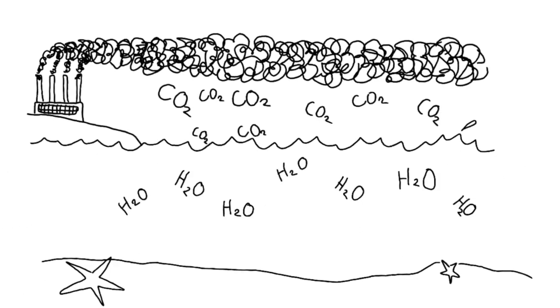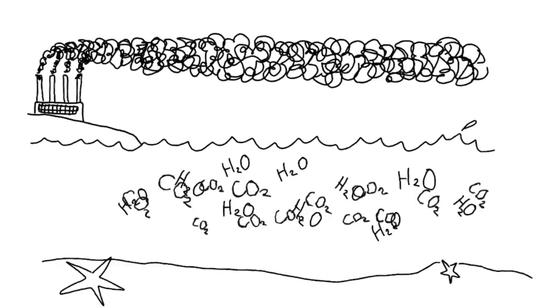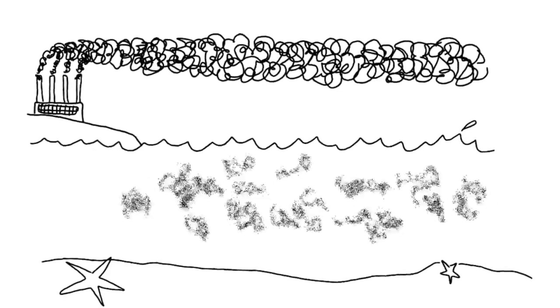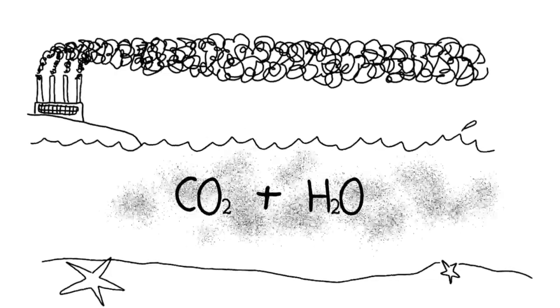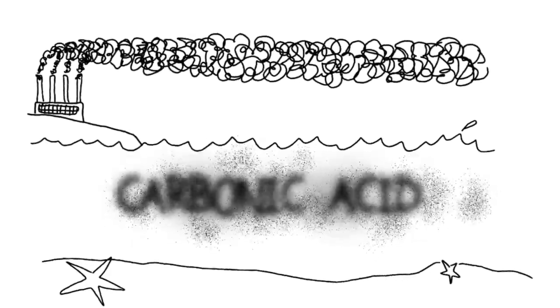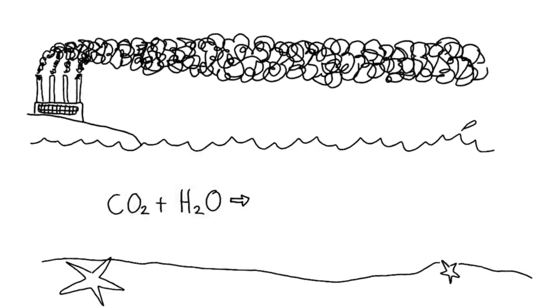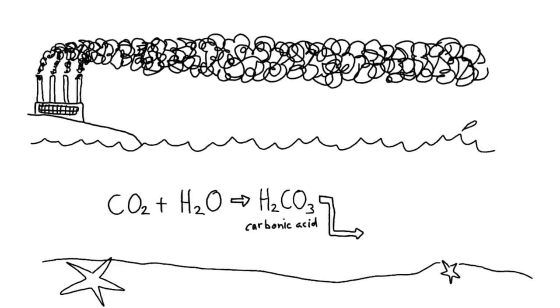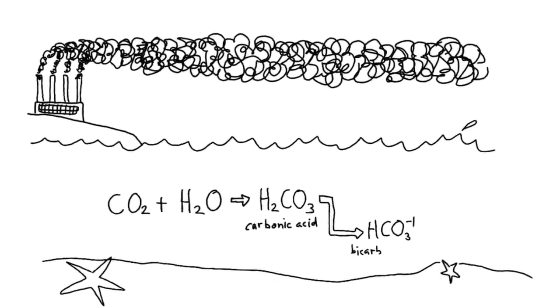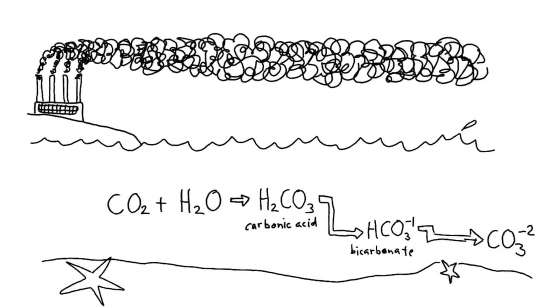We've got CO2 in the atmosphere that's going into the water. The CO2 breaks down. We have a chemical reaction where the CO2 plus the water leads to carbonic acid. The process looks like this. When you have the carbonic acid in the water, a couple of things happen. Each carbonic acid molecule can release one of its hydrogen ions to make something called a bicarbonate. And a bicarbonate molecule can further break down into a carbonate ion.